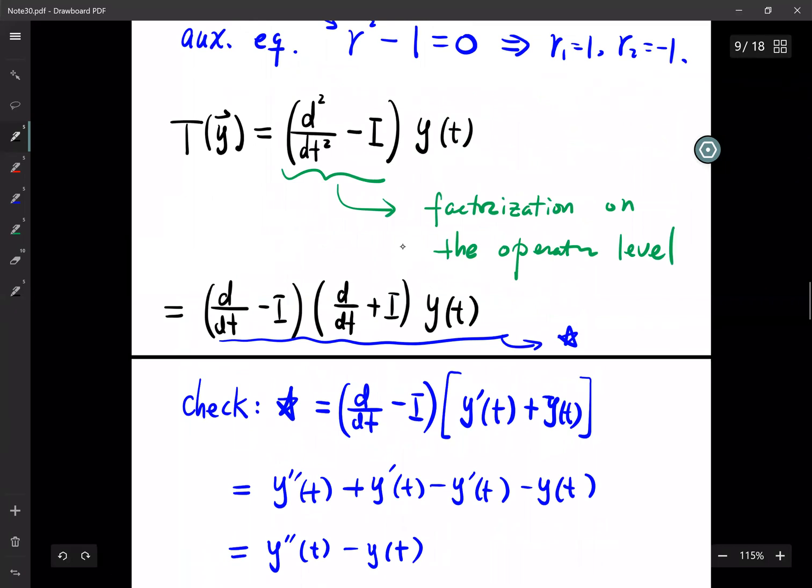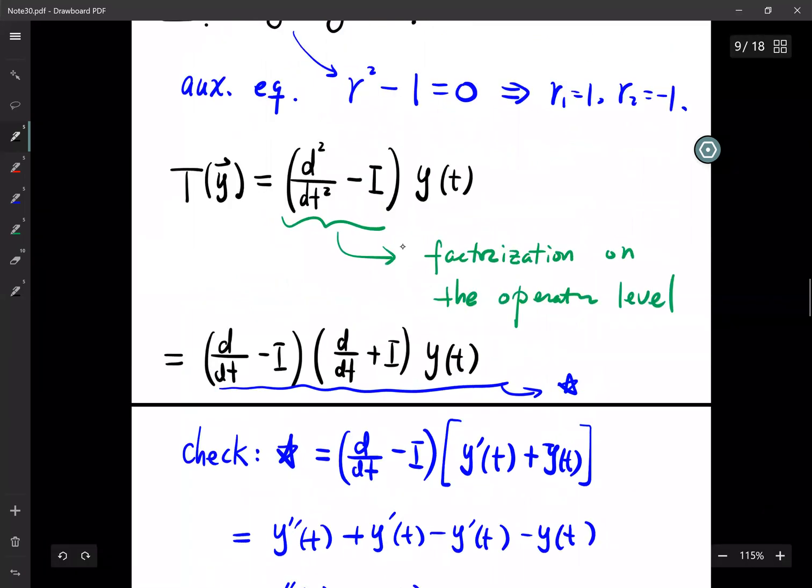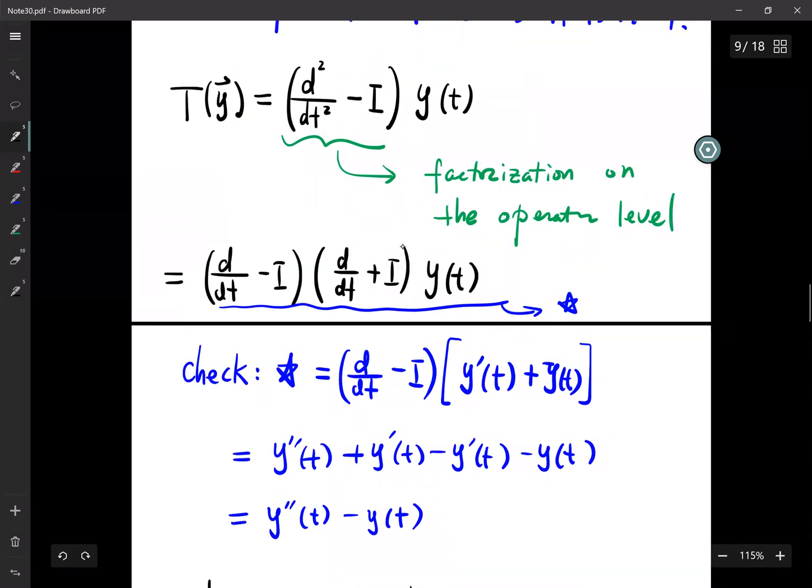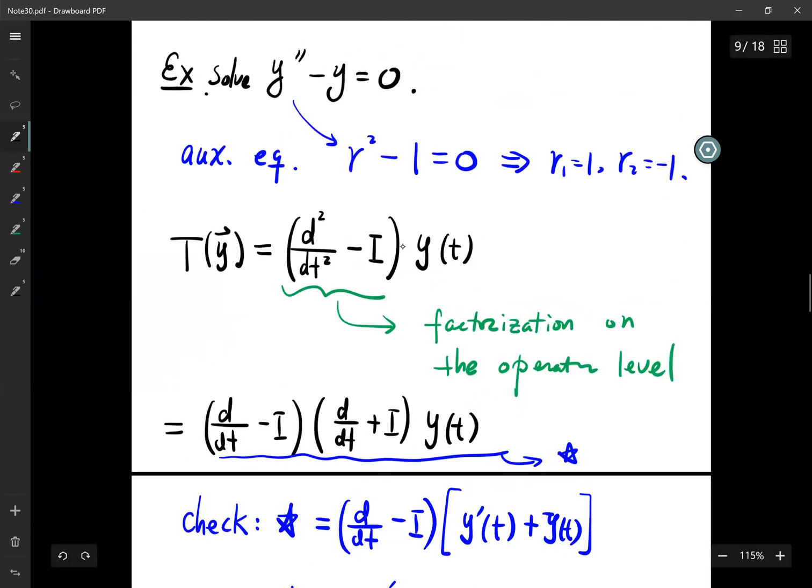If they were scalars, indeed, we can replace the operator d/dt by a number r. Therefore d/dt squared minus I becomes an auxiliary scalar equation, r squared minus 1.